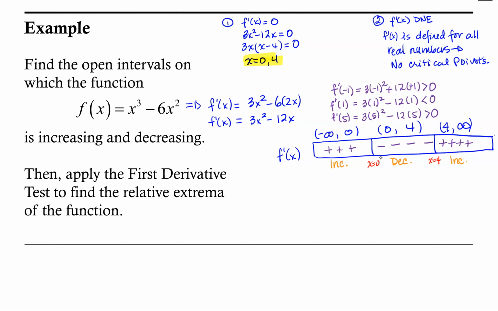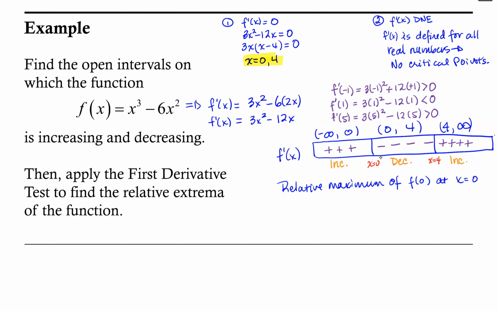So we can say there is a relative maximum of f at x equals 0.